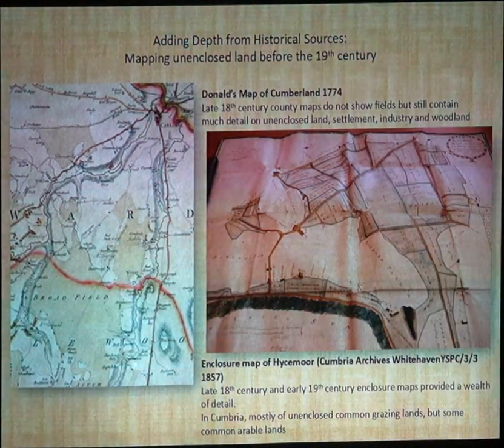And although I didn't actually digitise them and put them onto my computer screen to overlay the later maps, you can trace those boundaries in the landscape. They're really easy to trace. You've also got settlement and woodland on there as well, and in some cases you can actually work out where common arable fields still survived in the late 18th century.